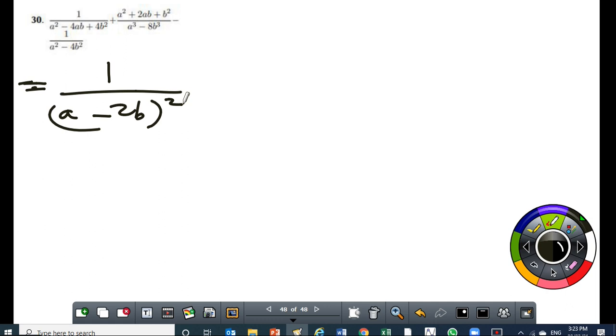That's where you start. Plus the second fraction. Can the numerator be factorized? Yes. It's also a perfect square trinomial, so it will be a plus b all squared.